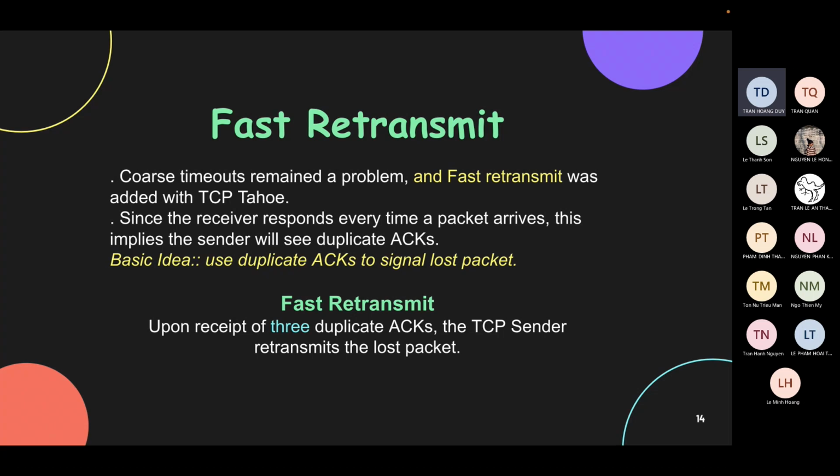Since the receiver responds every time a packet arrives, this implies the sender will see duplicate ACKs. Basic idea: use duplicate ACKs to signal a lost packet. Fast retransmit: upon receipt of 3 duplicate ACKs, the TCP sender retransmits the lost packet.